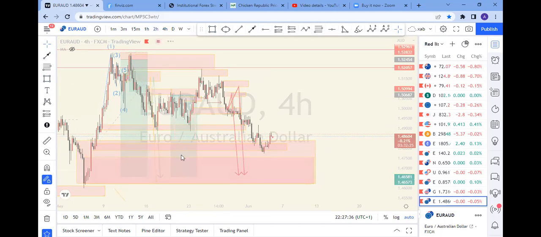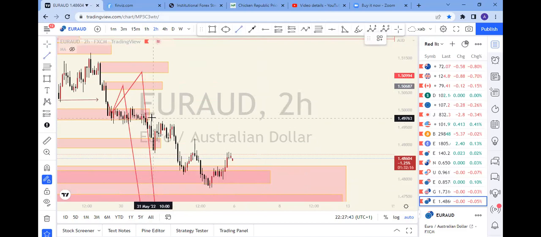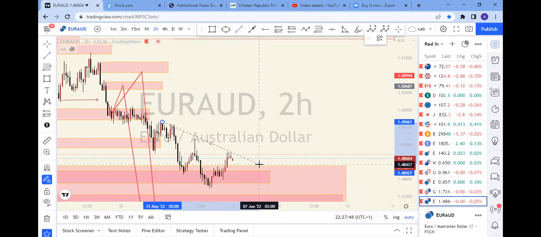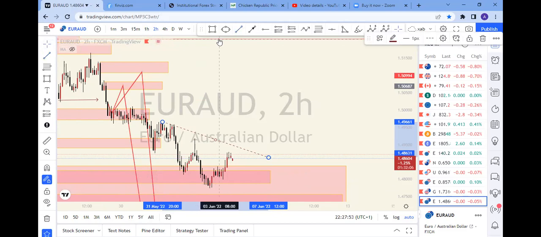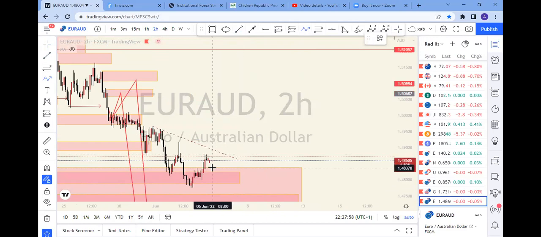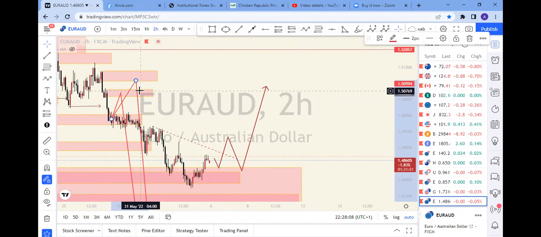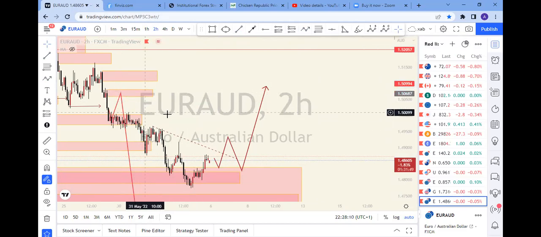So what we can do is come to the lower time frame. So that would be the expectation.